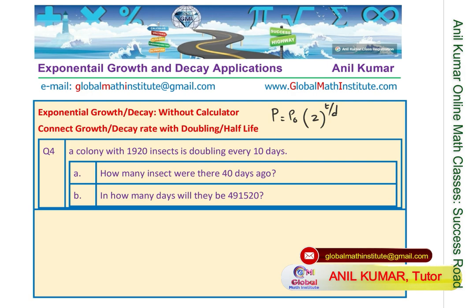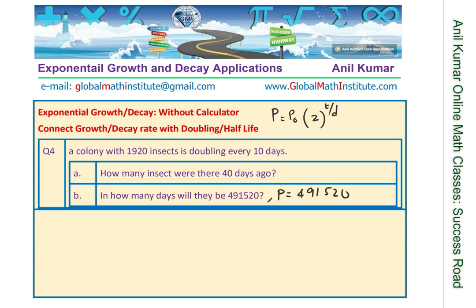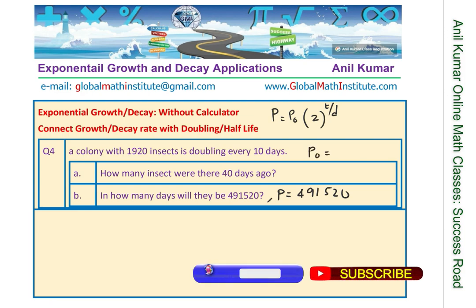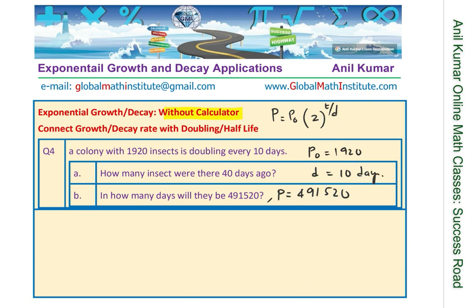We now want to find the final population to be 491,520. We know the initial population is 1920, and we also know the doubling period D, which is 10 days. So now all the information is given to us. Let's put them together and simplify.